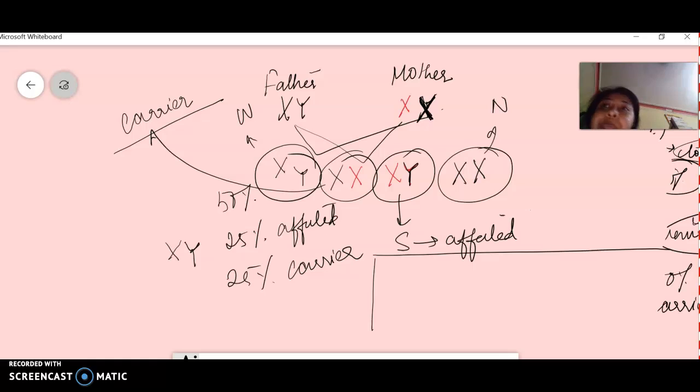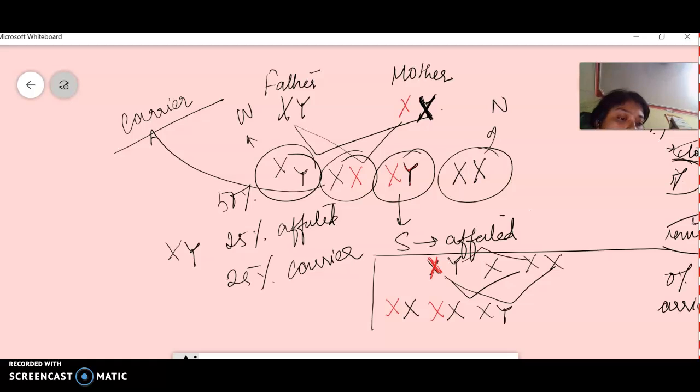So let's do it over here. It is your father who is affected, and your mother who is normal. So what do you get? You get X, then X, then XY, and XY.